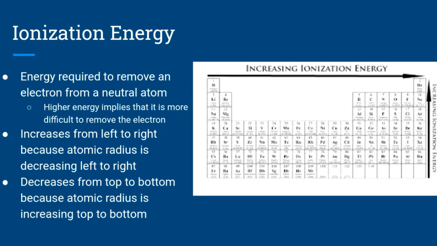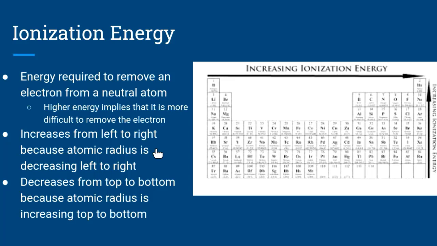All right, so the next periodic trend is ionization energy, and ionization energy basically refers to the energy required to remove electrons from a neutral atom, right? So how much energy it takes to take off a single electron from an atom. The more energy it takes, the more difficult it is to remove that electron.